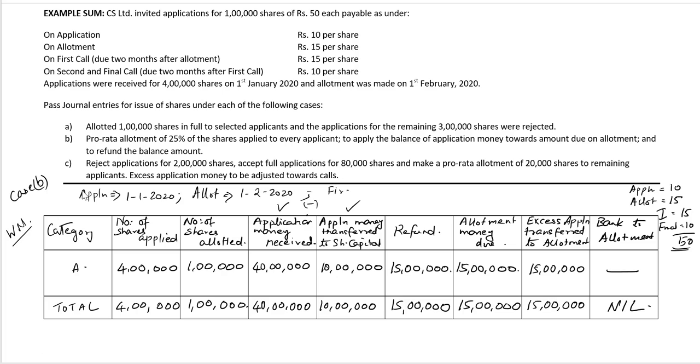First call 2 months later after allotment, 1/4/2020, and the final call 2 months after the first call, which is 1/6/2020. So next, let's go ahead with the journal entries.